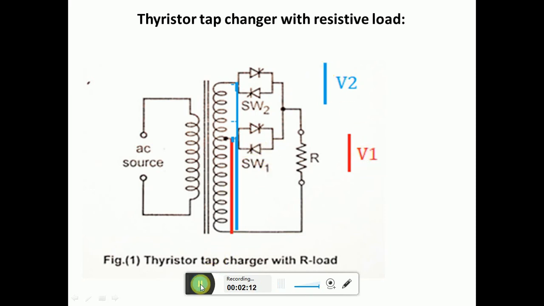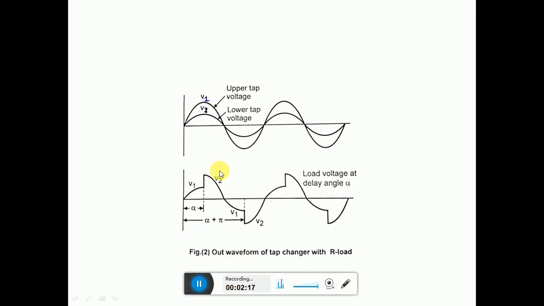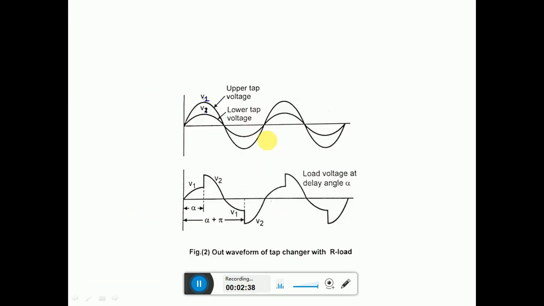Now see, this is the waveform of the output voltage of the secondary side. This is V2, which is more than V1. When switch 1 is on, we will get V1 across the secondary.